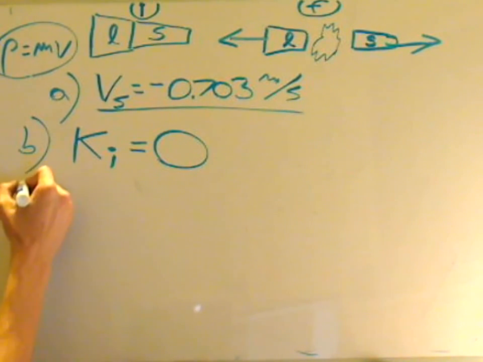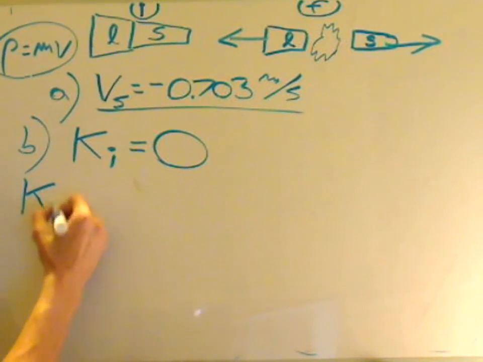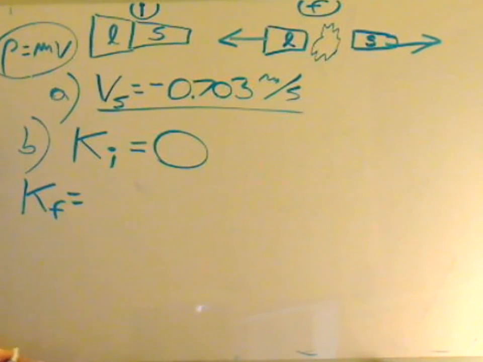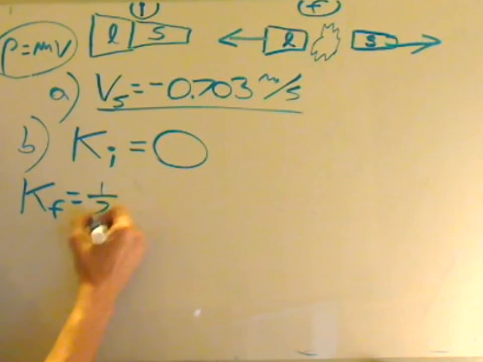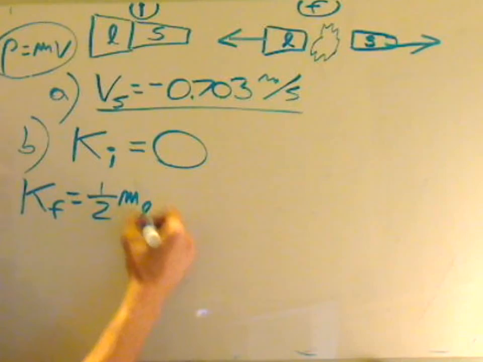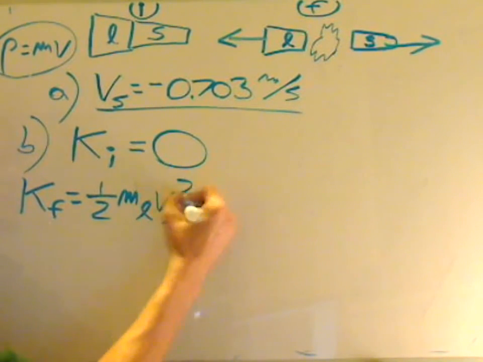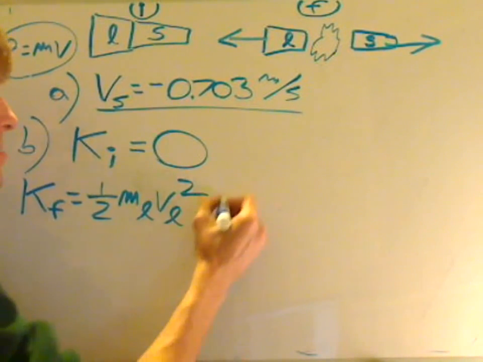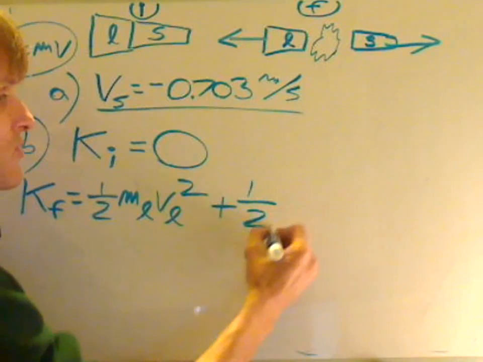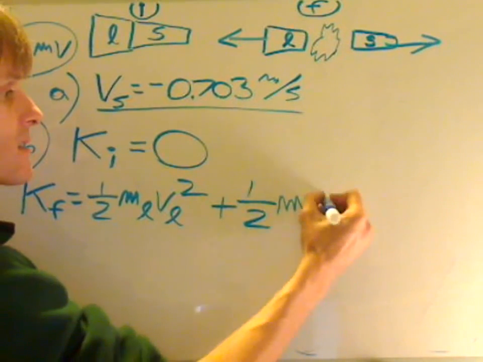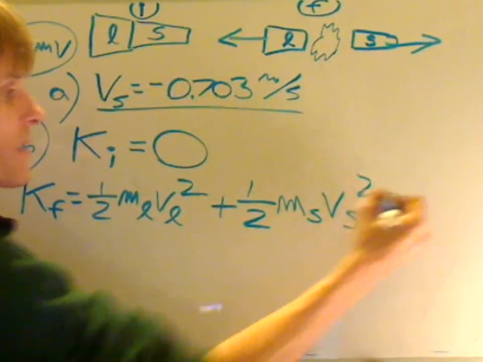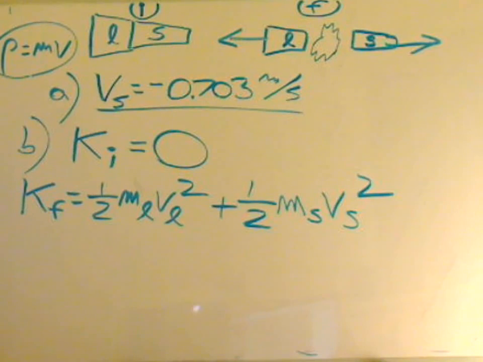So the change in kinetic energy is given by our final kinetic energy, which is 1/2 mass of the launcher times its velocity squared, plus the kinetic energy of the satellite, which is 1/2 times its mass times its velocity squared. So we plug these numbers in.